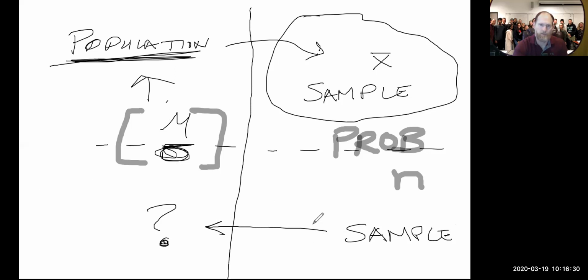And sometimes these go hand in hand. So we may have a notion or a belief or a standard of how the population is supposed to be behaving. We take a sample and look at the probability of that sample mean occurring.